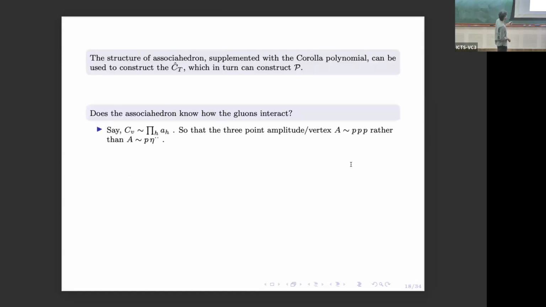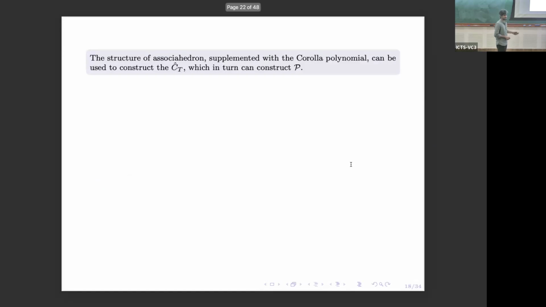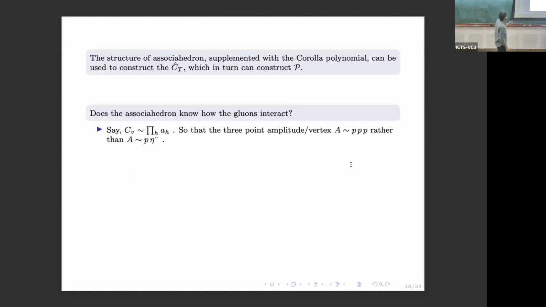So now, does the associahedron know how the gluons interact? What if it is not trace phi square or something? Let me say this: if I define my CV in an alternative way, so that it is not BA plus A, but AAA, then each vertex will be PPP in a way.